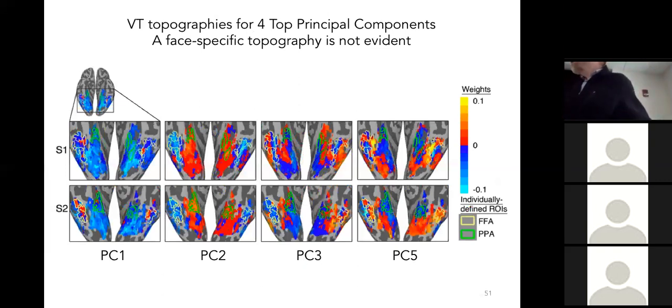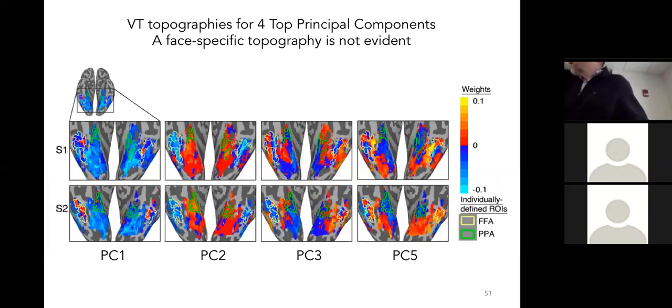And this just shows the topographies for 4 topographic basis functions, but these are basis functions for principal components. So they're from principal component analysis. PC1 is the one that accounts for the largest increment of variance in the patterns of response in ventral temporal cortex. This accounts for the second largest increment of variance.